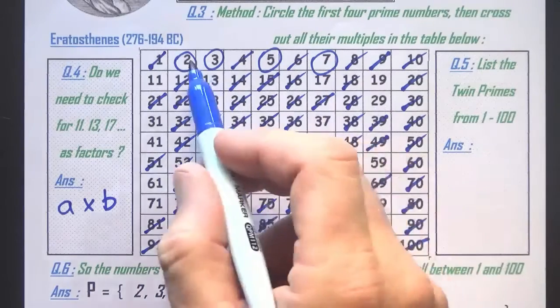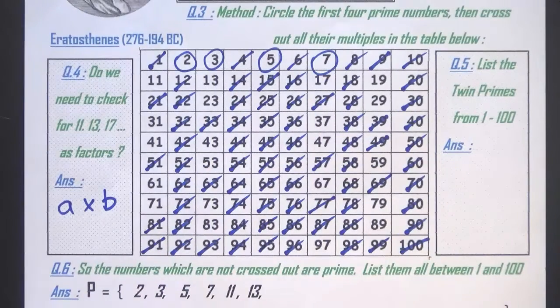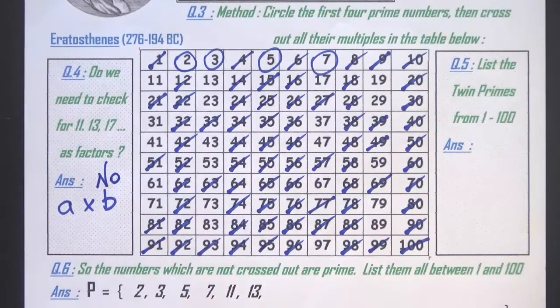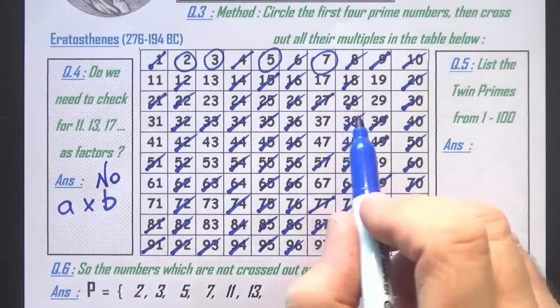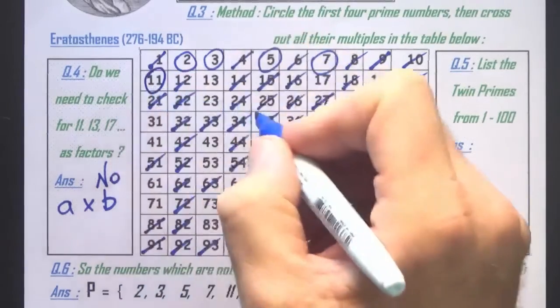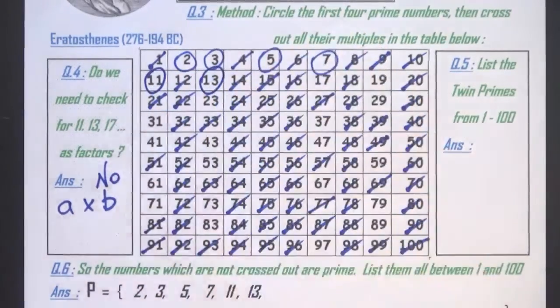And we've already checked for them. The answer here is no. So now I can go through the grid and circle all the prime numbers. 11, 13.